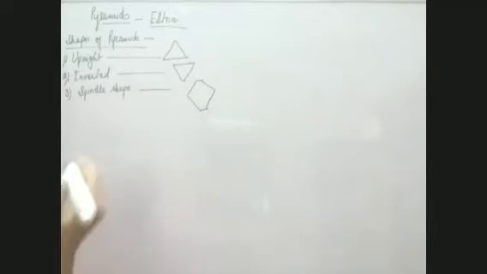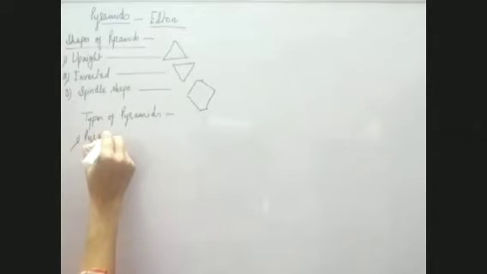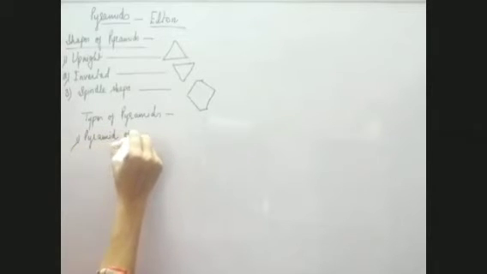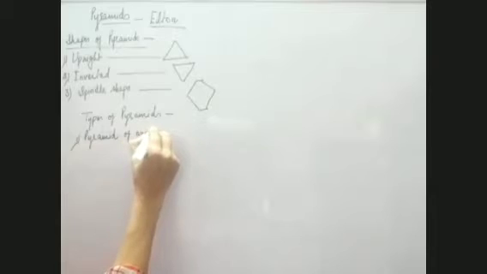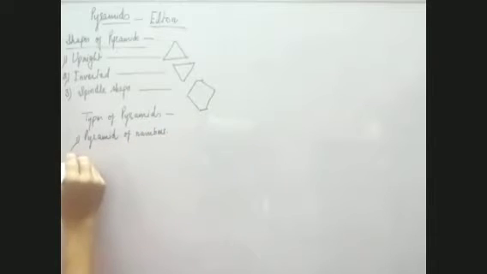The types of pyramids we are going to study are, number one, pyramid of numbers. Number two, pyramid of biomass.